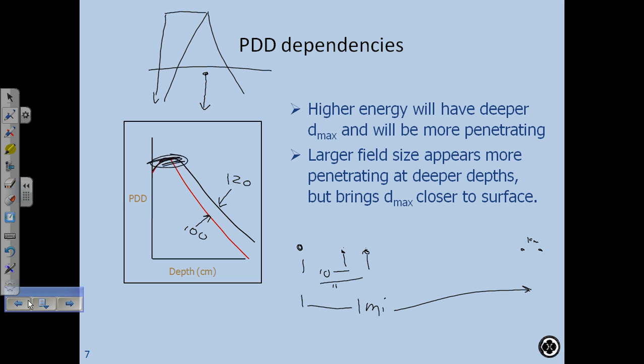If you figure out the inverse square factor between those two, these are going to be pretty much the same, because the inverse square factor increases as you get closer for a certain distance apart. It increases as you get closer. All right, so now let's take that back to this water tank. So we have a water tank at 100 SSD, and then we measure PDD, and then we move that surface down to 120.